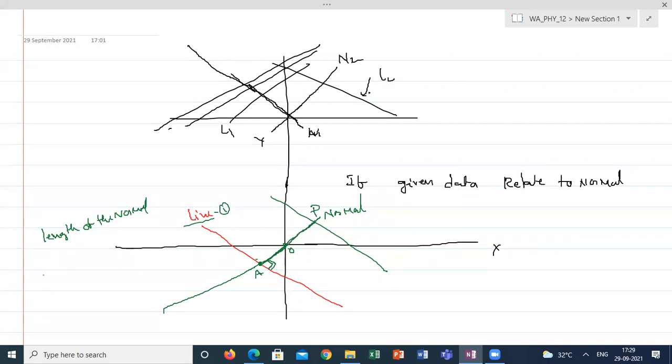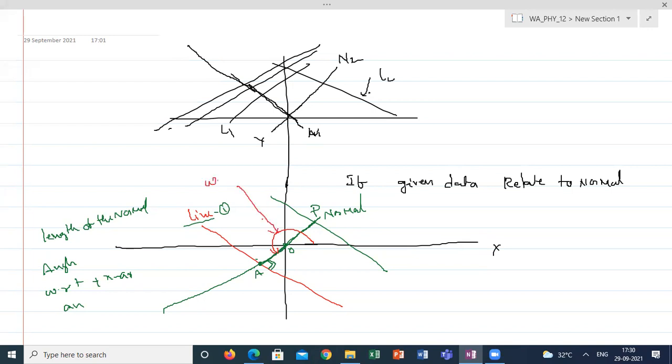And I am giving the angle between the positive x-axis and the normal. So now I am giving another data. This angle theta I gave. Sorry guys, this angle is given, but theta is already assigned for the slope of the line.